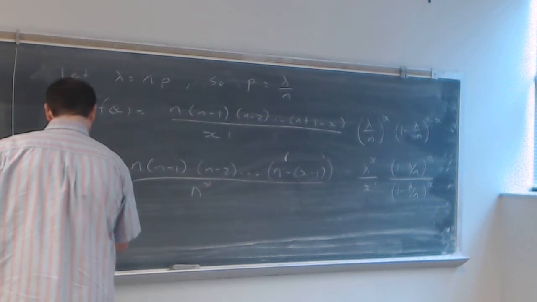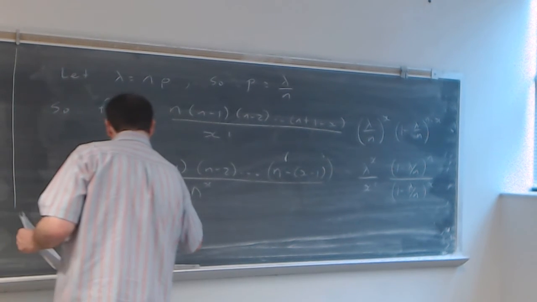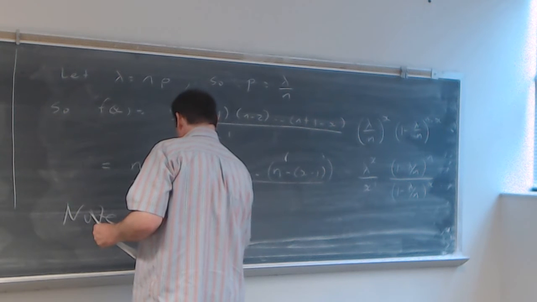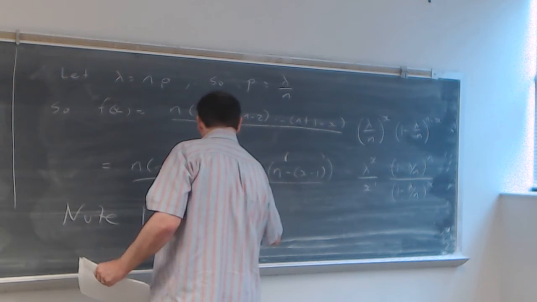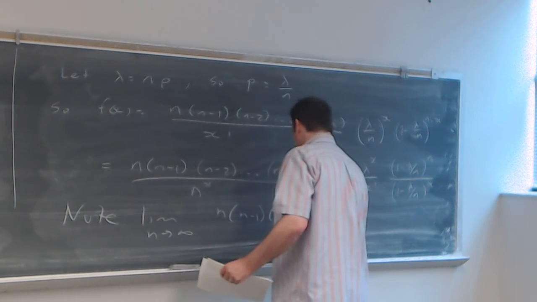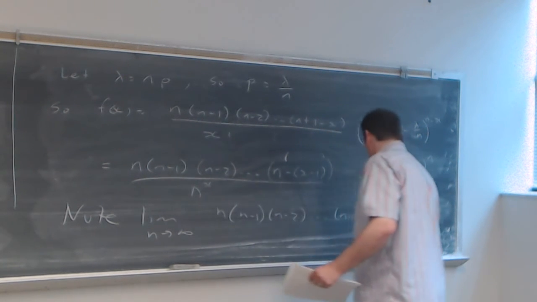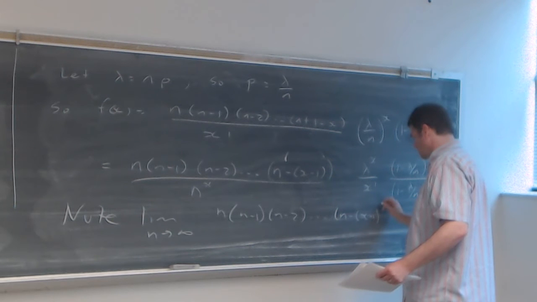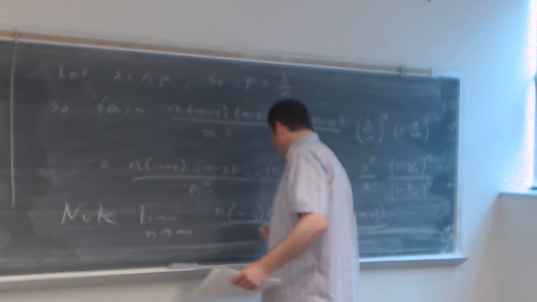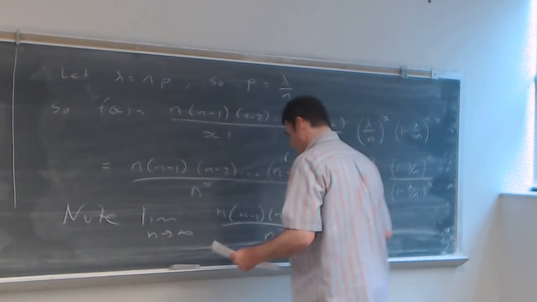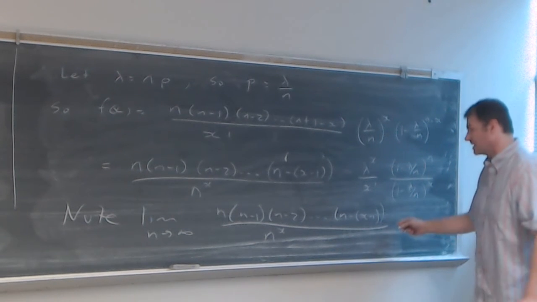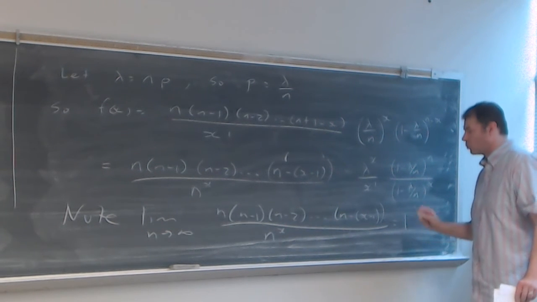Now, first thing we're going to do is note that the limit as n goes to infinity, and this is something you can check out, of n times n minus 1 times n minus 2, all the way down to n minus the quantity x minus 1, all over n raised to the x, goes to 1.